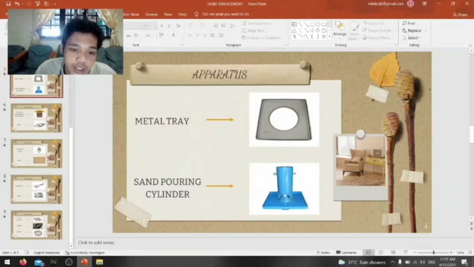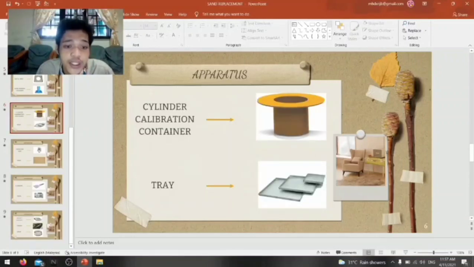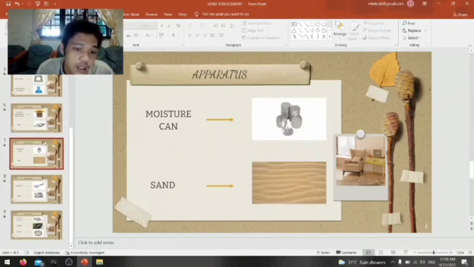First, we need a metal tray. Next one is the sand pouring cylinder. Next apparatus is the cylinder calibration container. And also we need a tray and a moisture can to put the sand before weighing. Of course, we need sand.